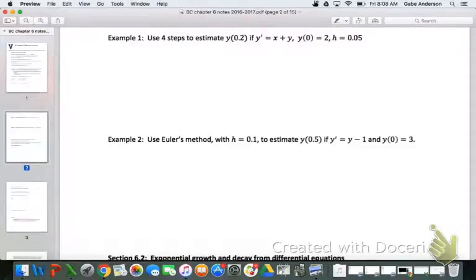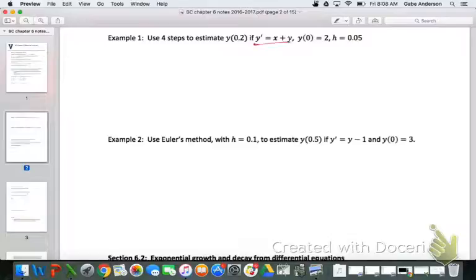Example number one. This says, use 4 steps to estimate y of 0.2 if y prime equals x plus y, y of 0 equals 2, and h equals 0.05. Let's break this down and talk about what we're given. I'll start here in the middle.